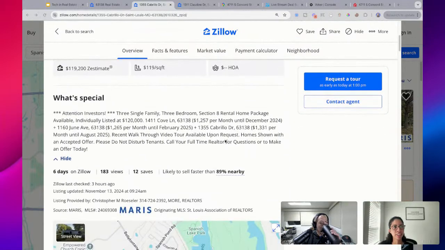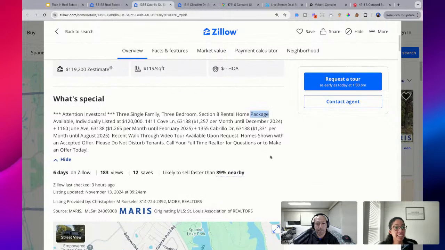Also, when I just glanced at this, I was seeing values per month, which would signal to me that this property is not vacant. But as you were talking, Mark, I really read the description, and it looks like someone's selling part of their portfolio. They're selling three single family homes as a package.